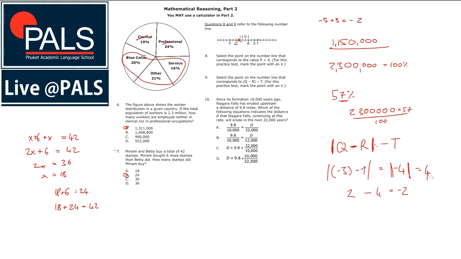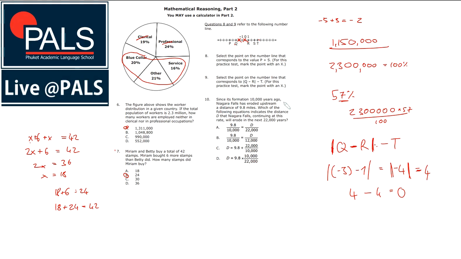If it's a positive number, it just stays a positive number. So there are no negative absolute values, they're always positive. And that changes this equation to 4 minus 4, and that is 0. So our second number is 0, marked here.